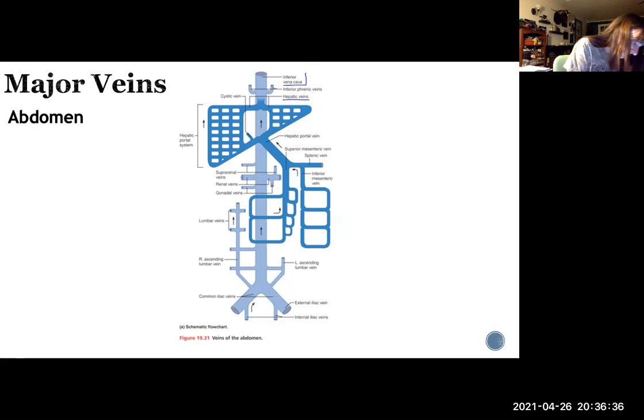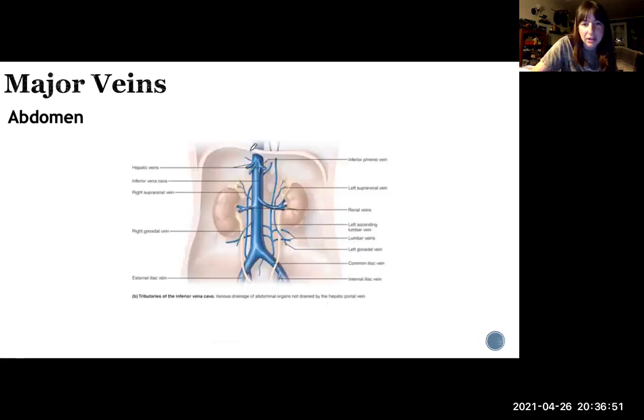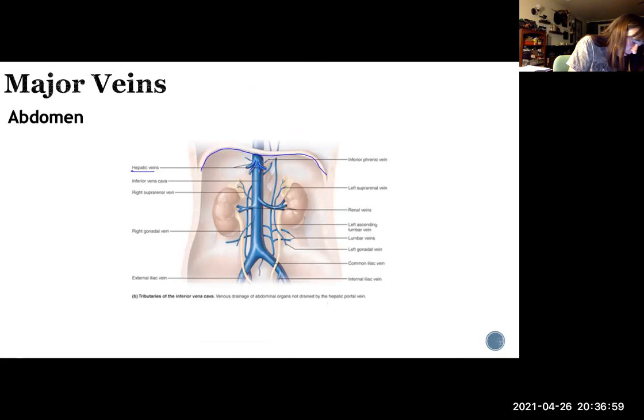All right. Hepatic, renals, here and here, and iliac, external and internal. And again, hepatic, these are going to be draining from the diaphragm, the renal, draining the kidneys.